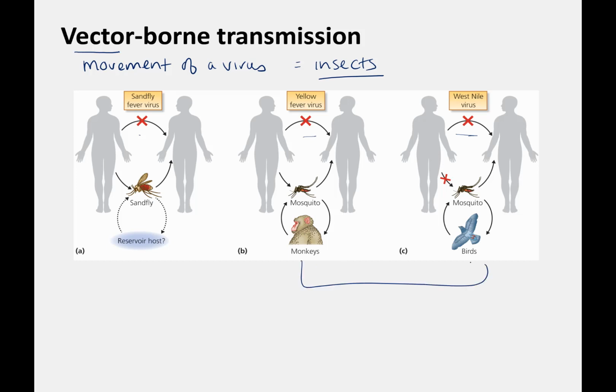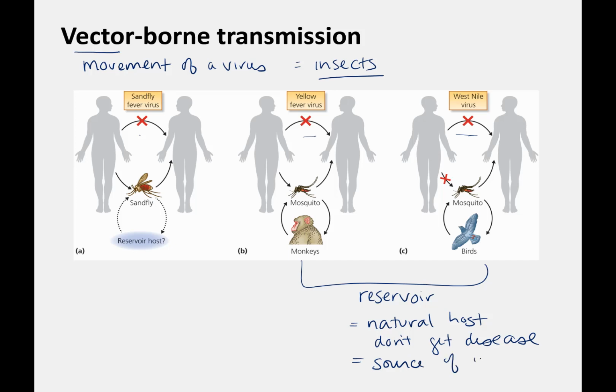And sometimes down here, there's what we call a reservoir. Okay. So a reservoir is a natural host. They don't get the disease, but they are a source of infectious agent.